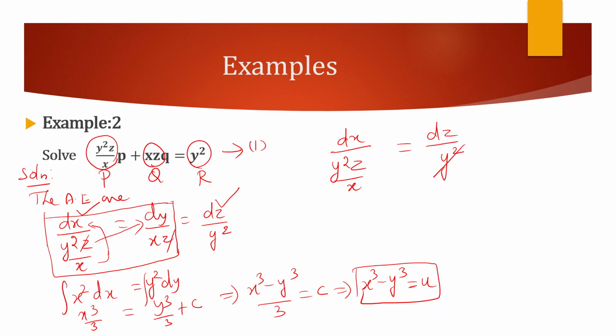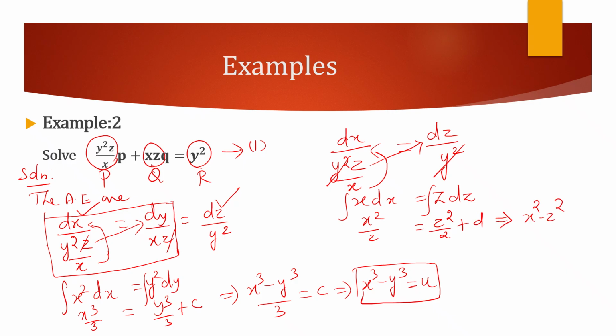Now I can cancel this y square term, and taking this x to the numerator, it is x into dx, equal to, taking this z to the right side, z into dz. Now integrating, I get x square by 2 is equal to z square by 2 plus some d. So x square minus z square by 2 is equal to d, and x square minus z square is 2d, and this can be taken as my second solution v.